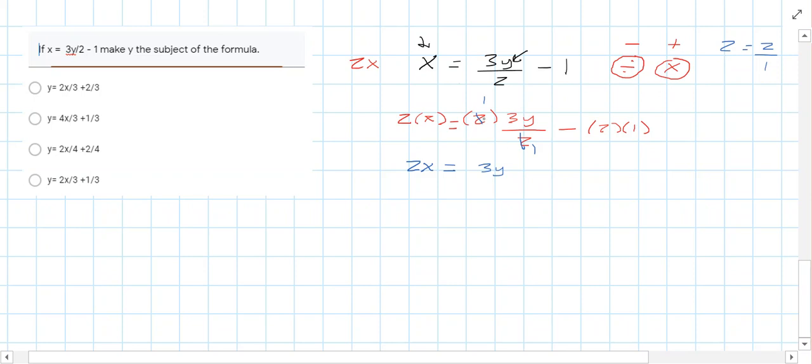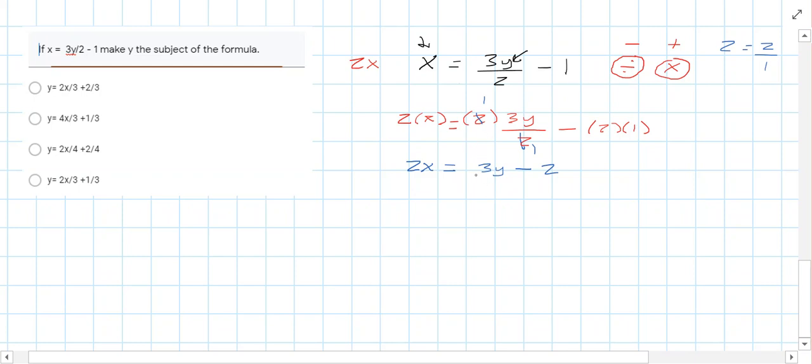So we can just leave it as 3y. Minus 2 times 1 is just going to be minus 2. So now what we've done is we have got rid of the fraction.